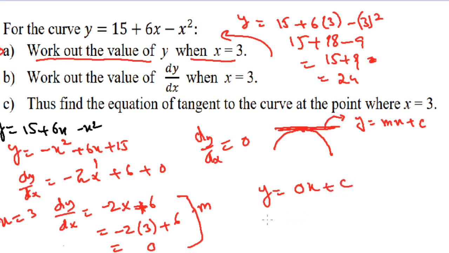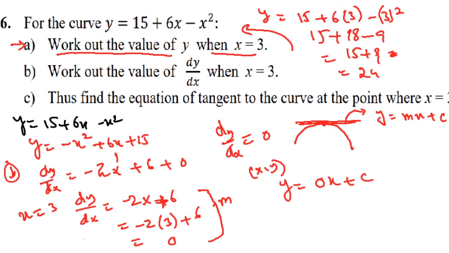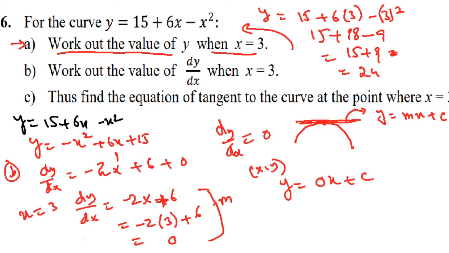How to find the c value? There are two values, x and y values. We are given the value of x and we found the value of y. You can see here the value of y, students. This is the value of y, and this is the value of x, which is 3.